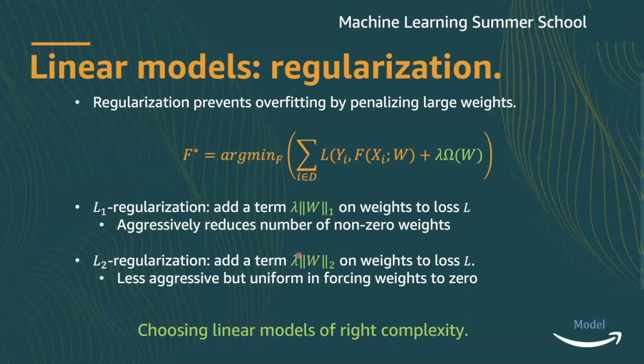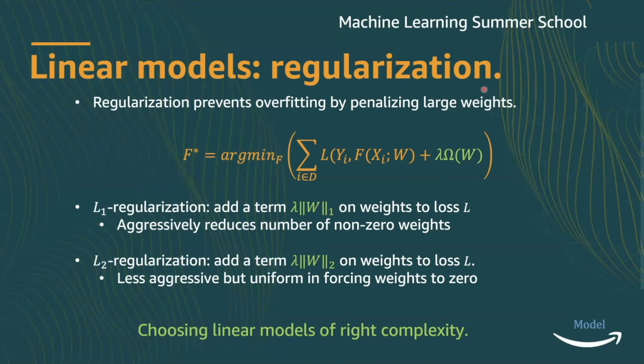And L2 does something a bit different. It's not as aggressive as the L1 regularization. It won't force them to zero, but it does a uniform reduction in all your coefficients involved. And by choosing an appropriate lambda, you can ensure that your model has the right complexity. It's neither overfitting nor underfitting.